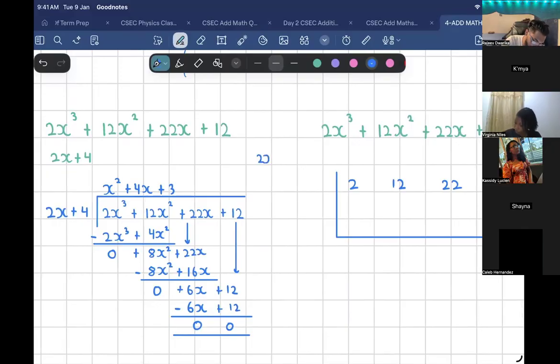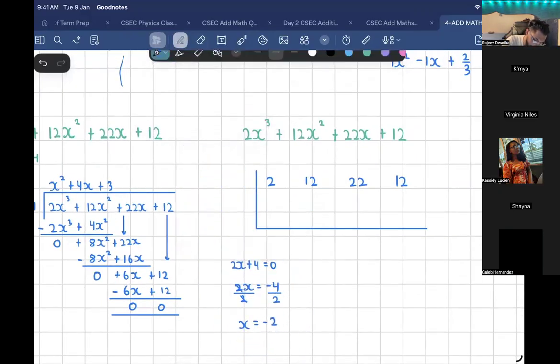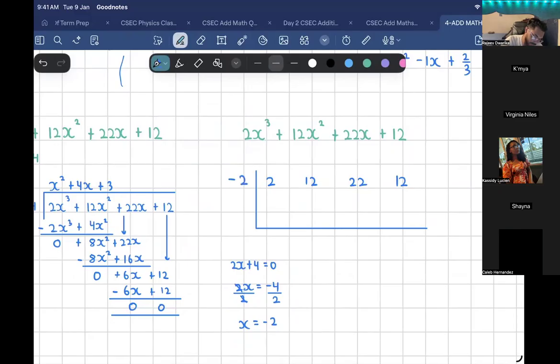I'm going to find what x is by setting it equal to 0. 2x is equal to negative 4. I divide both sides by 2, so x would be equal to negative 2. Are you okay with that so far? Yes, sir. All right, so I put a negative 2 over here.